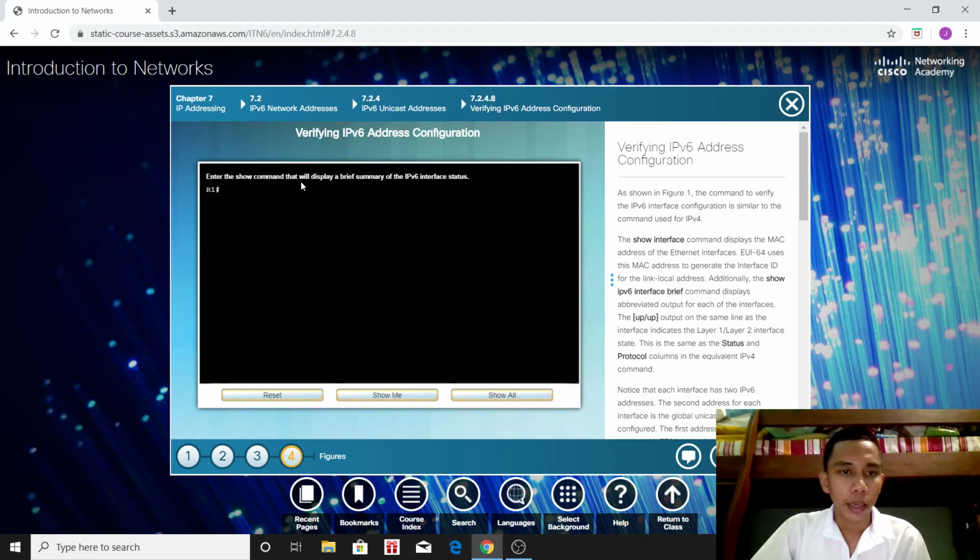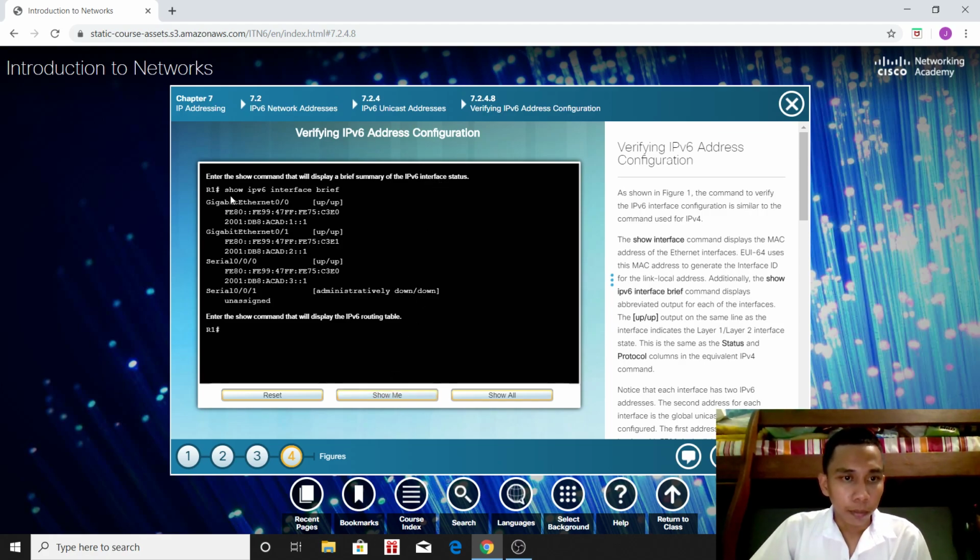So enter the show command that will display a brief summary of IPv6 status. So input show ipv6 interface brief, then they have GigabitEthernet 0/0, GigabitEthernet 0/1, and serial 0/0/0 and serial 0/0/1. So unassigned.